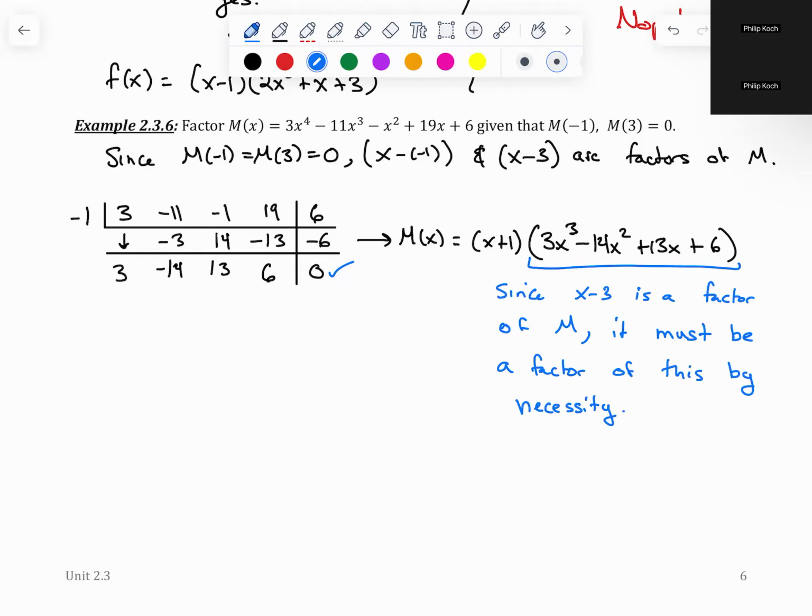There's no other way around it. We know that x minus 3 has to be a factor of m, and since x minus 3 is not a factor of x plus 1, the only other logical conclusion is it must be a factor of 3x cubed minus 14x squared plus 13x plus 6.